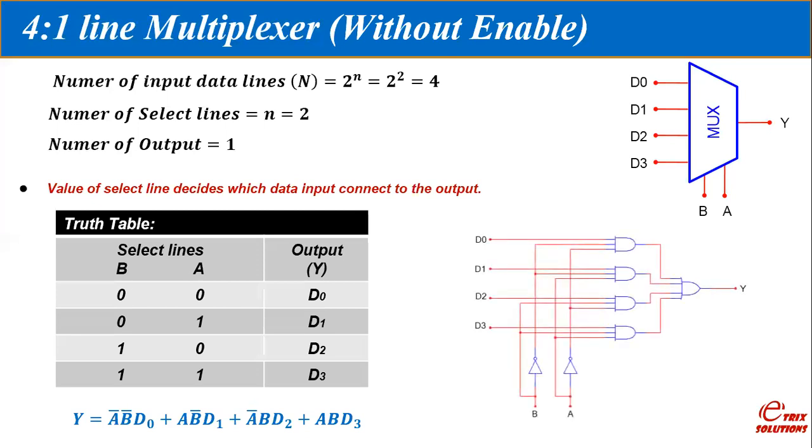So this is the logic diagram of a 4 cross 1 multiplexer in which 4 3-input AND gates are used and one 4-input OR gate is used, and two inverters are also there for the negation of the selection lines. So this is the designing of a 4 to 1 line multiplexer.